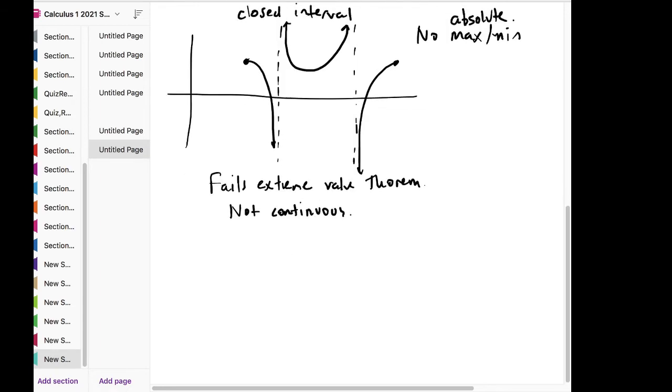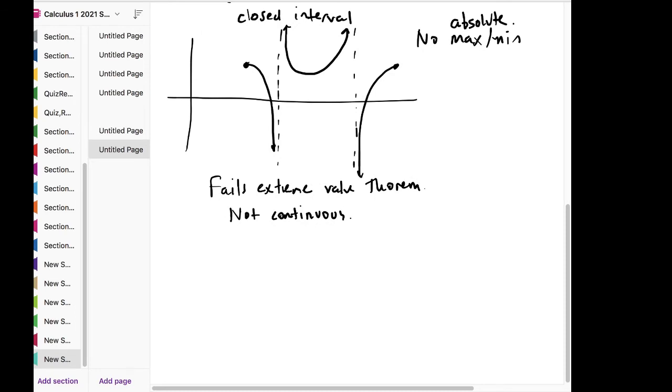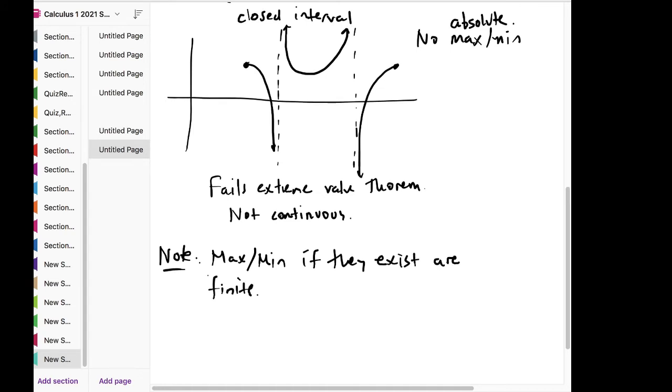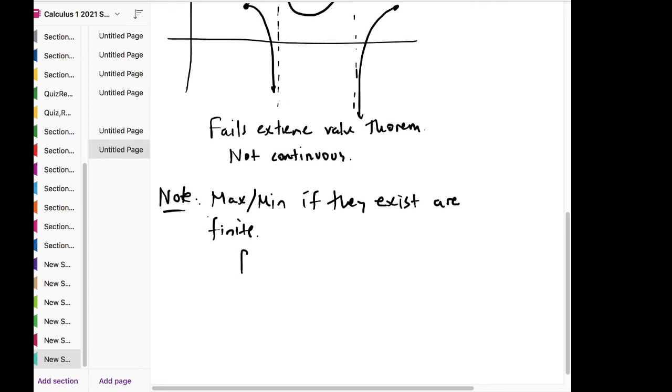Okay, so just one thing to note. Max and min, if they exist, are finite. Right? When you say f of c is greater than or equal to f of x, this thing needs to exist in the first place.